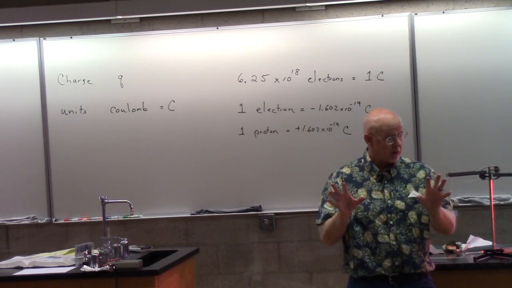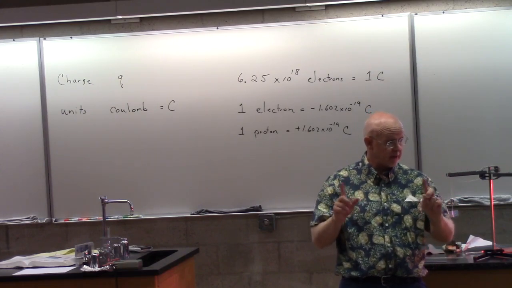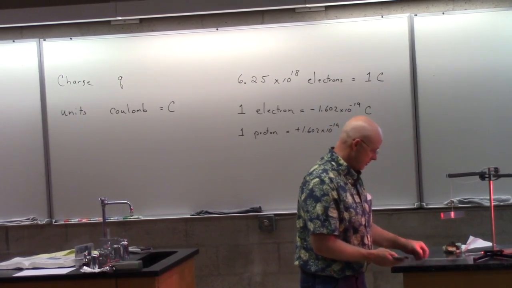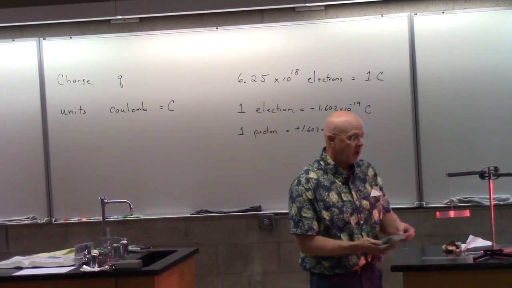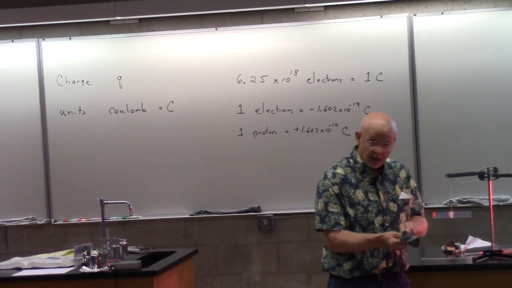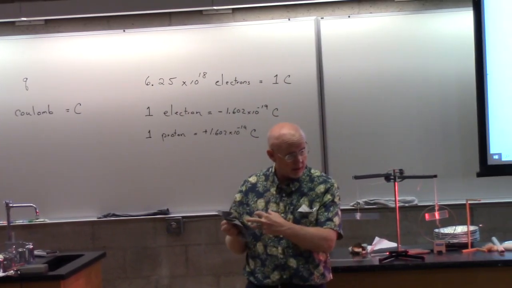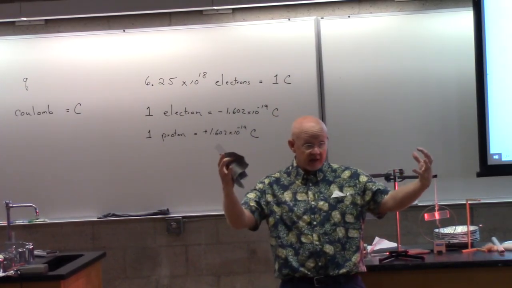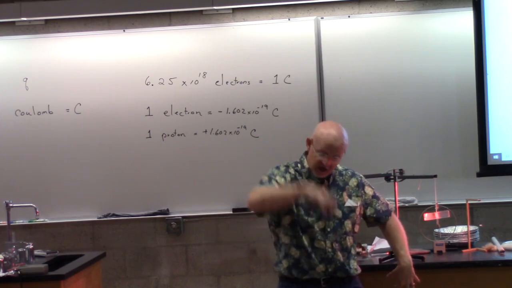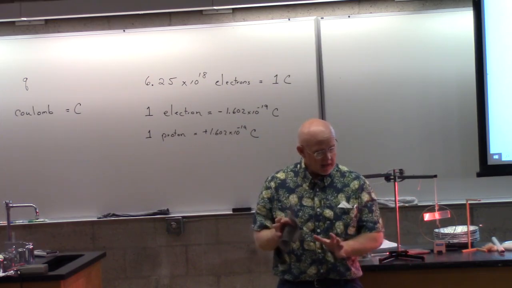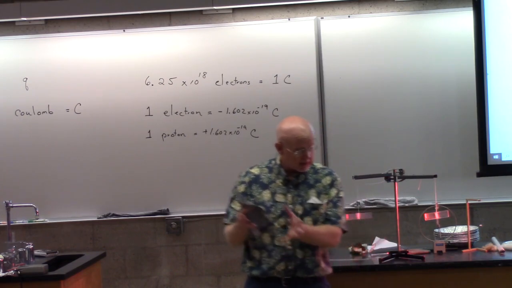However, if you got two different materials, so wool versus vinyl, they may actually prefer one over the other. And so if you've taken 50 off of this and 50 off of this, as they go back, maybe this one grabs more electrons.